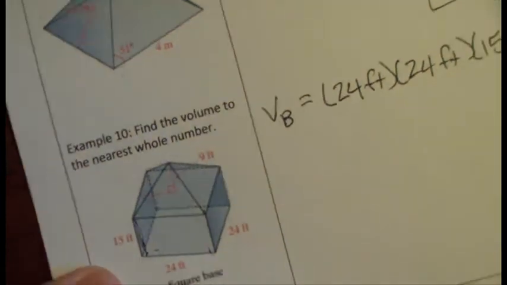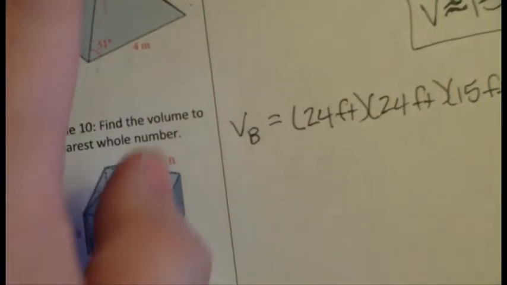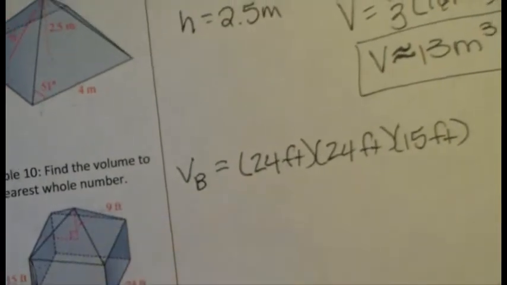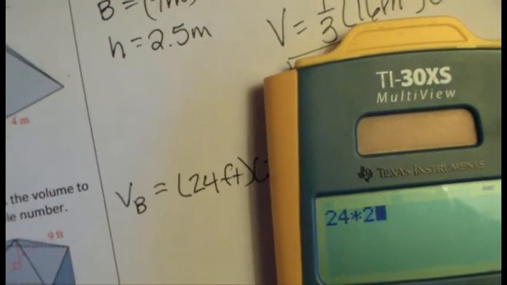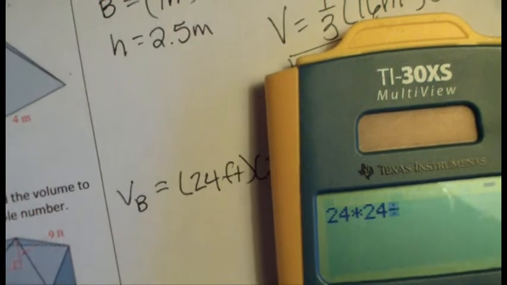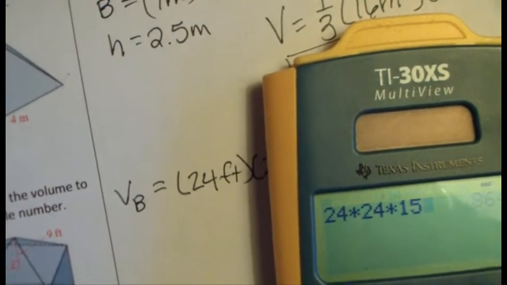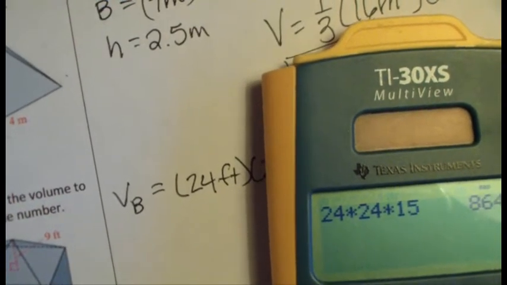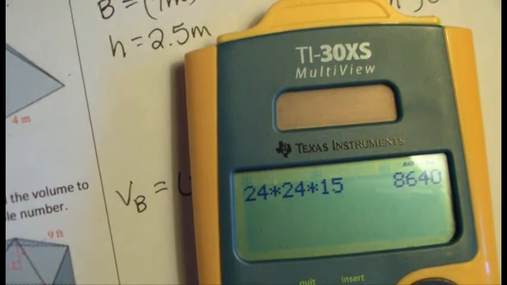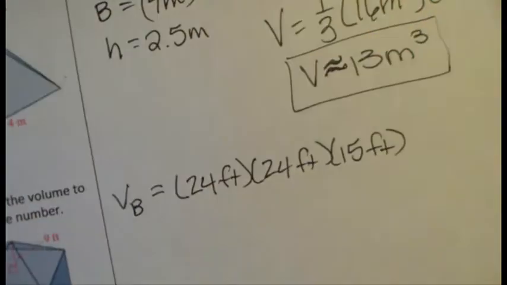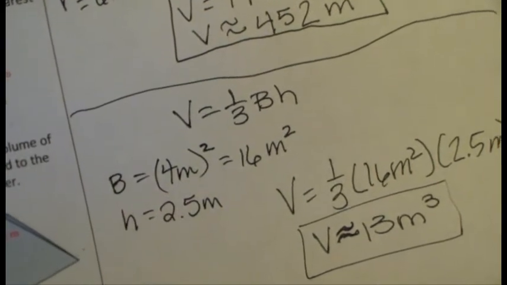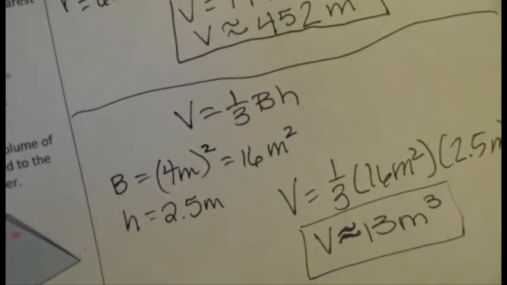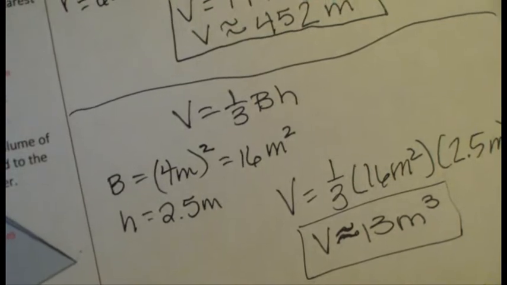So 24 times 24, because it's side squared, times 15 is 8,640 feet cubed. Oh, cubed, sorry, volume cubed.